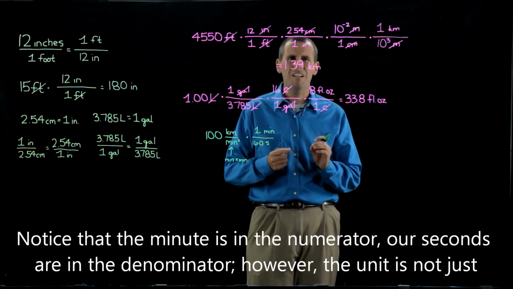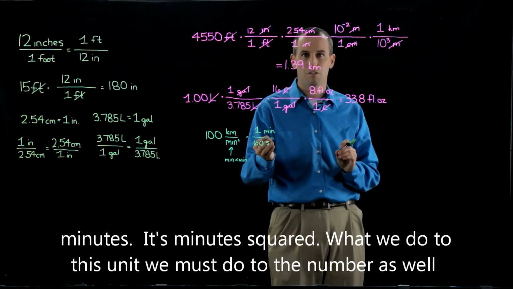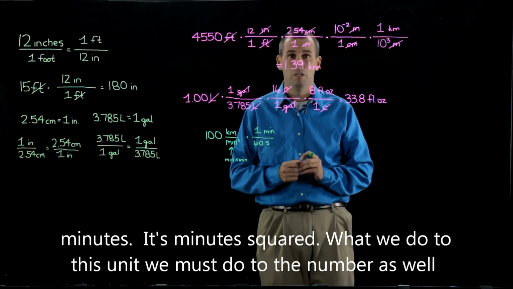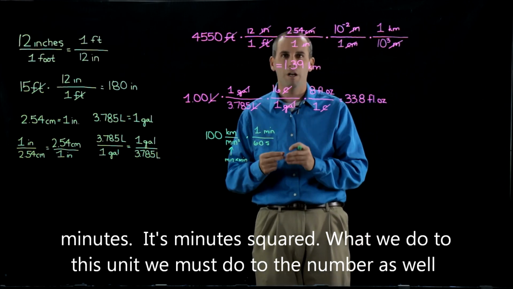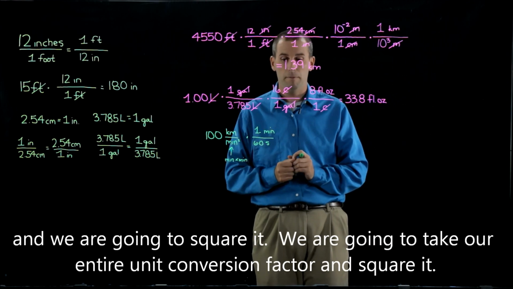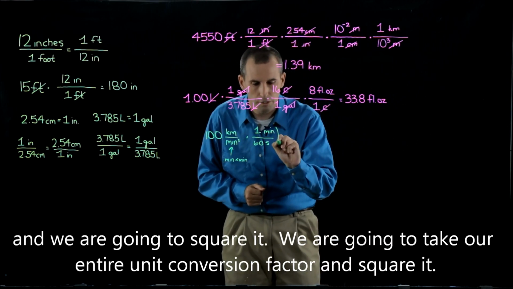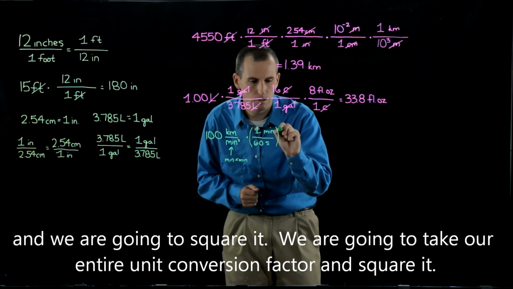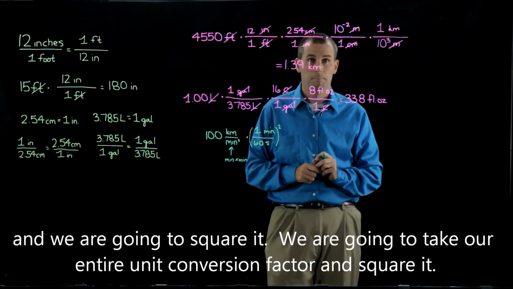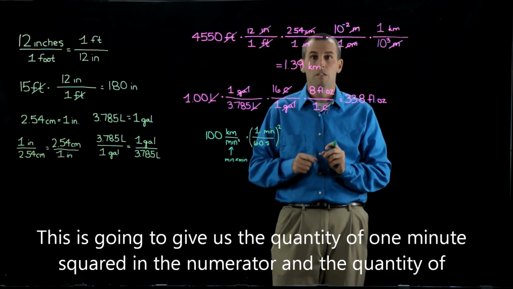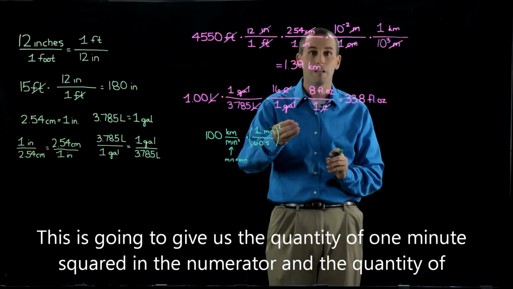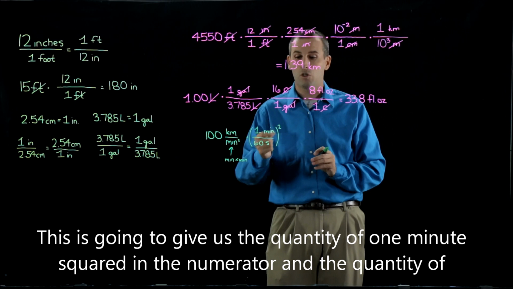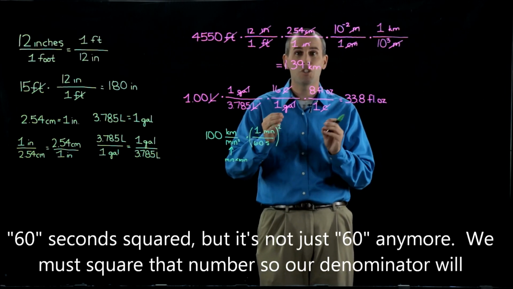However, the unit is not just minutes, it's minutes squared. What we do to this unit, we must do to the number as well, and we are going to square it. We are going to take our entire unit conversion factor and square it. This is going to give us the quantity of 1 minute squared in the numerator and the quantity of 60 seconds squared.